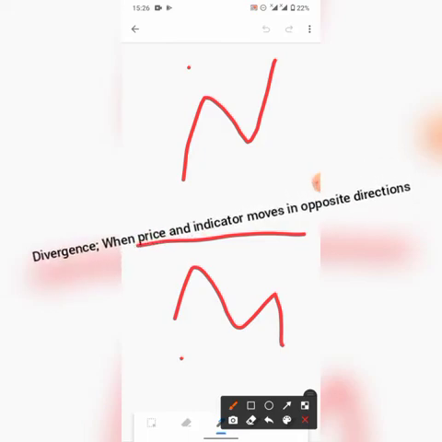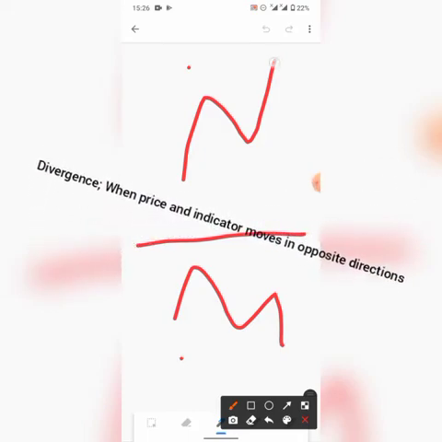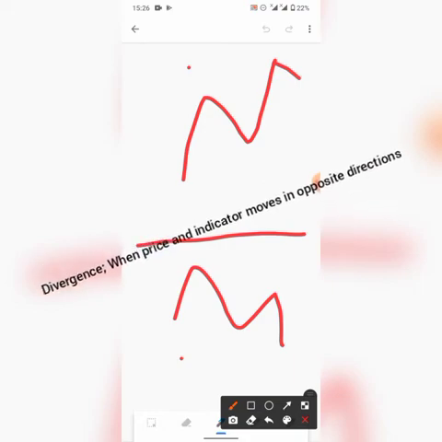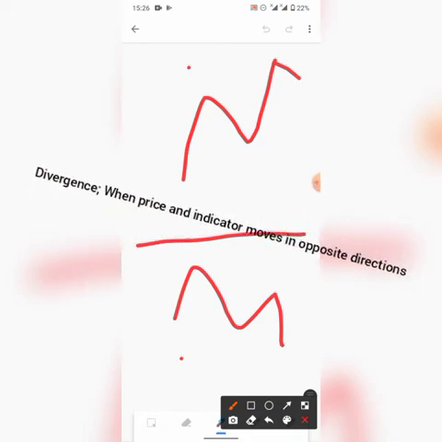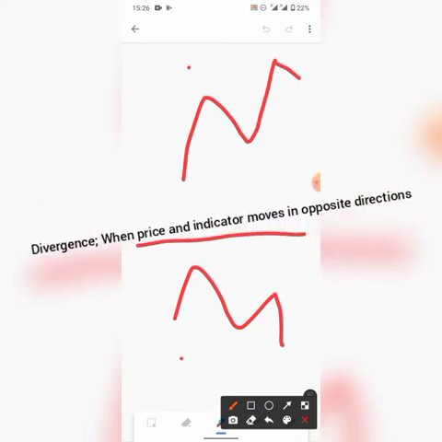As you can see, they are in opposite directions. If you want to measure divergence, you need to measure the highs and lows. I see people taking divergence from maybe either here or here. No, you have to take it from the highs and lows of your chart.